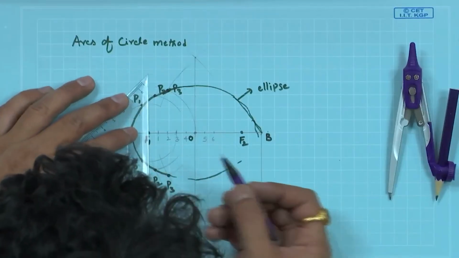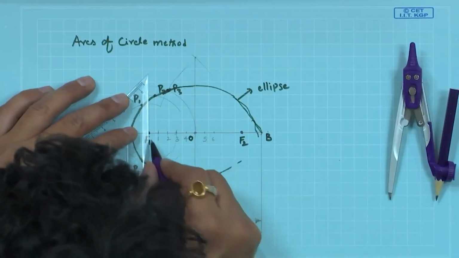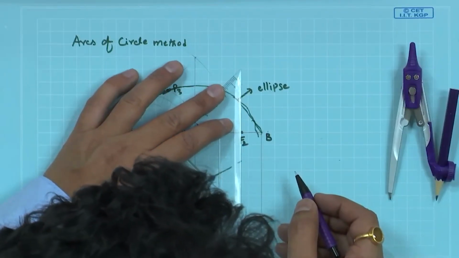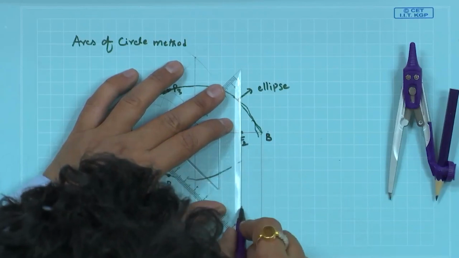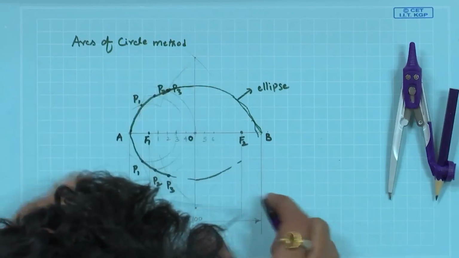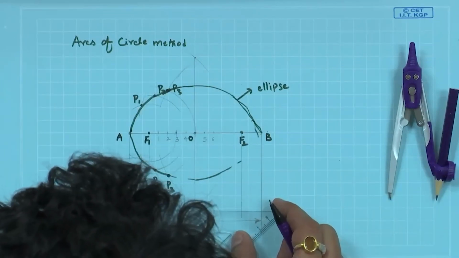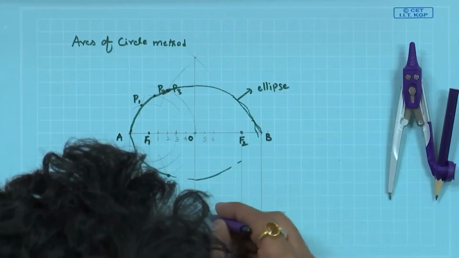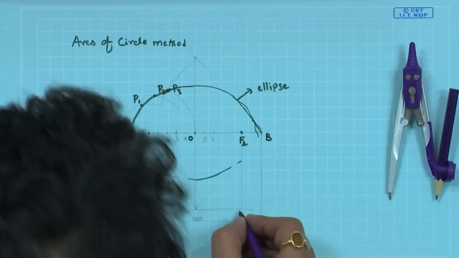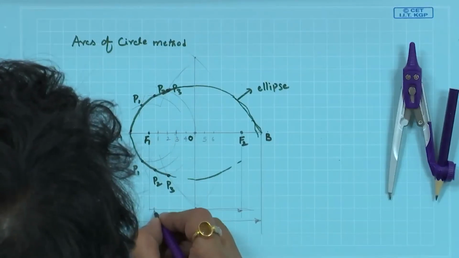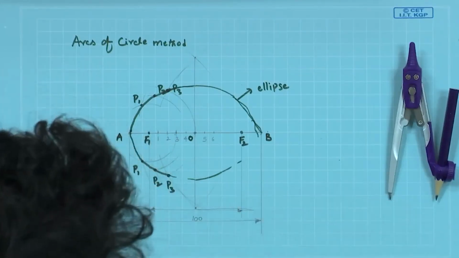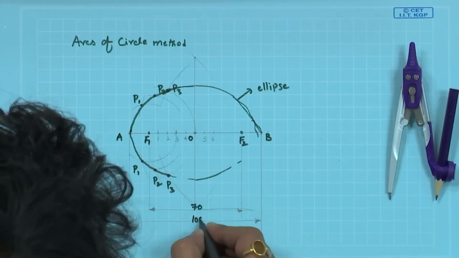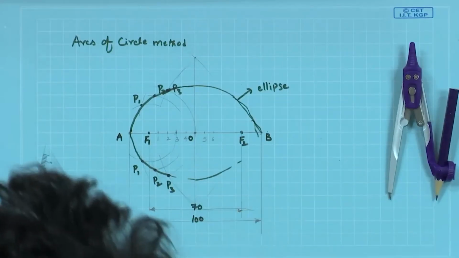So, smaller dimensions will always be inside. That is the standard convention we are going to use. The construction procedure can be much lighter instead of darkening it. So, this one is 70 and this one is 100, the distance between foci.